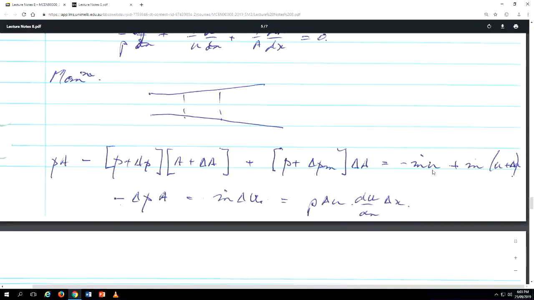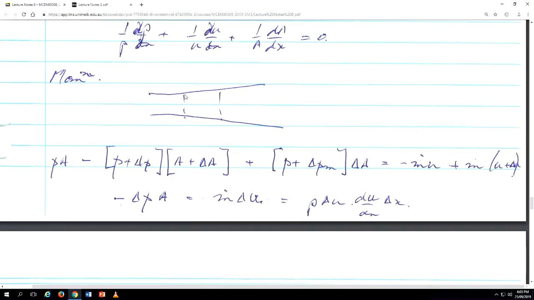And now that's got to be equal to the net flux of momentum out of the control volume. So what's the flux of momentum across this surface? More or less, but not quite. It'll be the mass flux times the velocity in the x direction, right? And what sign will it have?